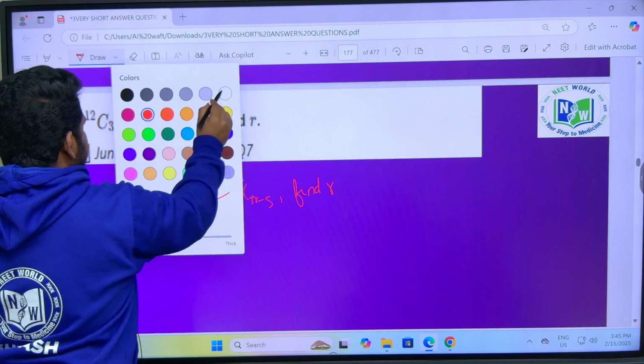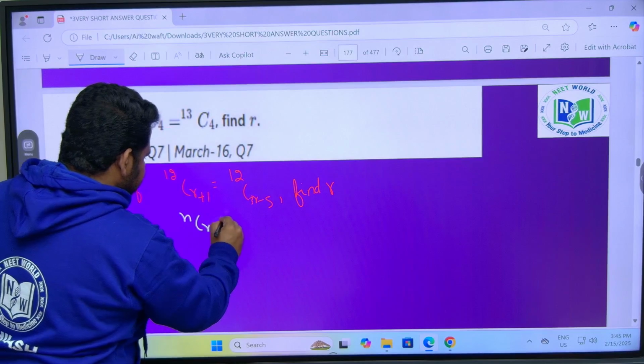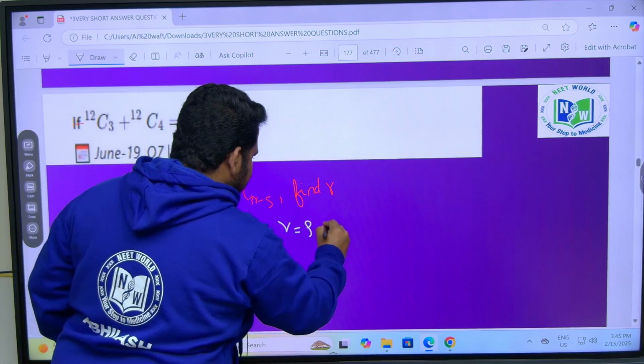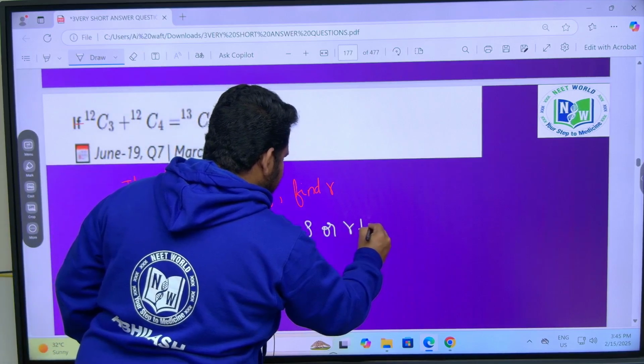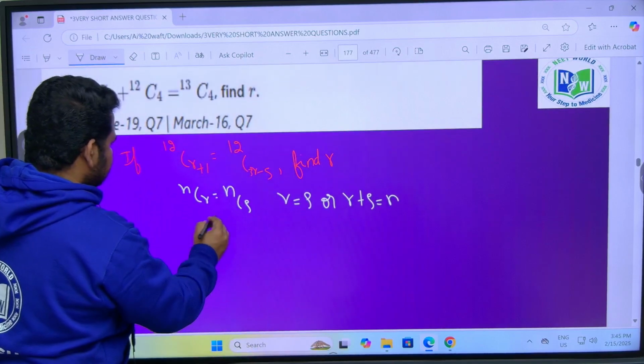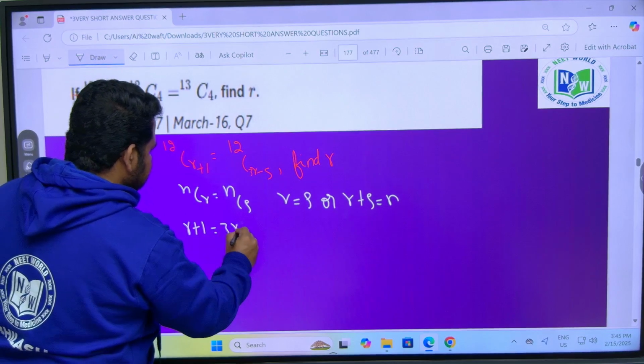Okay, simple. This is also, I told you, if nCr is equal to nCs, either r is equal to s or r plus s is equal to n. So here we can take the two values. Here r plus 1 will be equal to 3r minus 5.